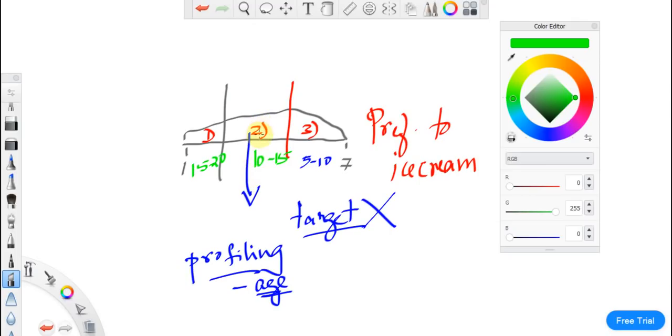If we find such a result and want to target segment 2, you just have to target using the age group of 10 to 15.